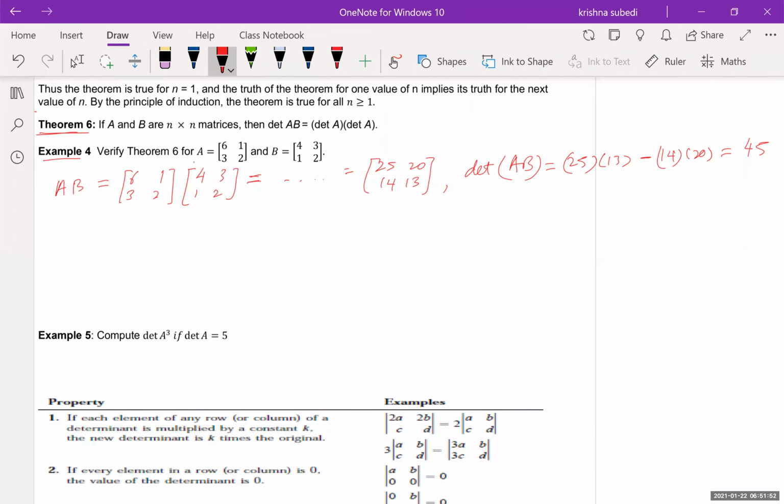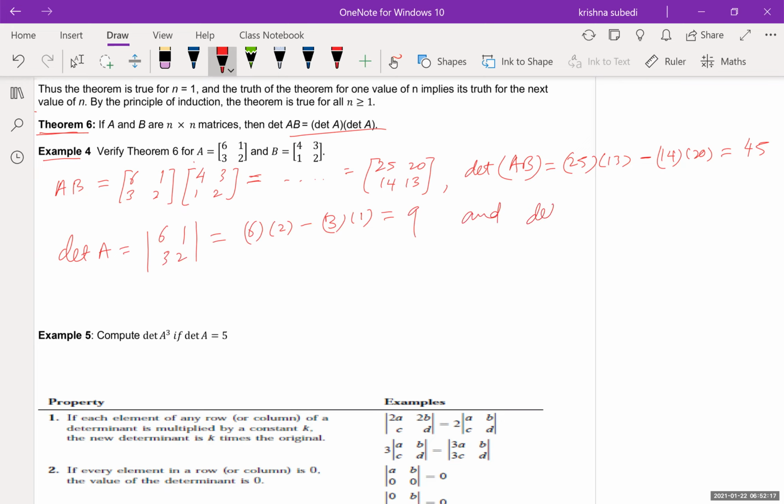Now, let us find the determinant of A. The determinant of A will be 6 times 2 minus 3 times 1, so this will be 12 minus 3, which is 9.